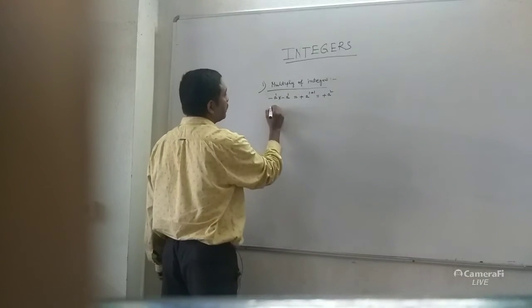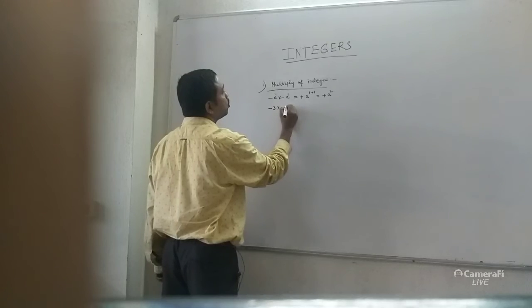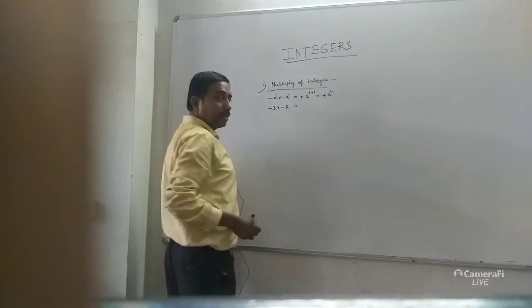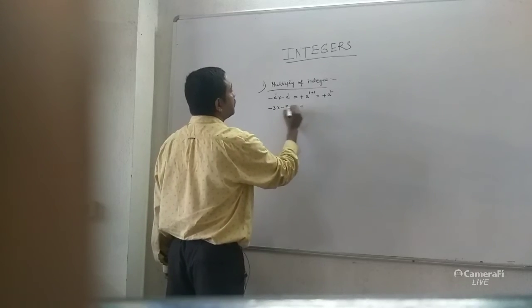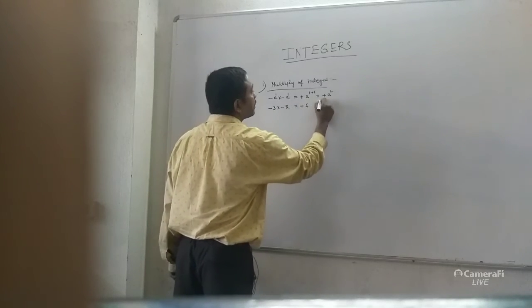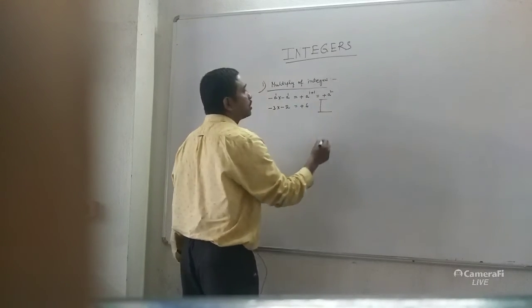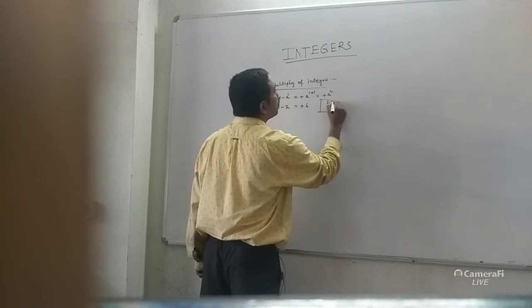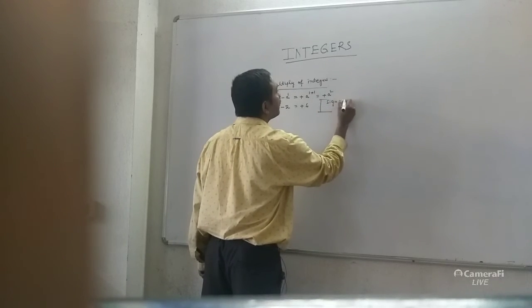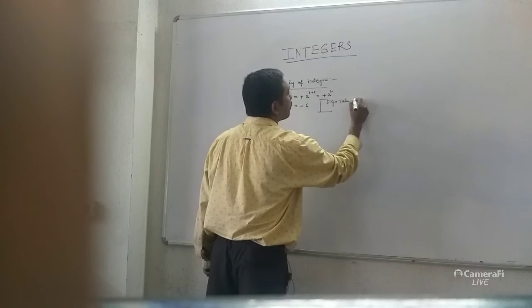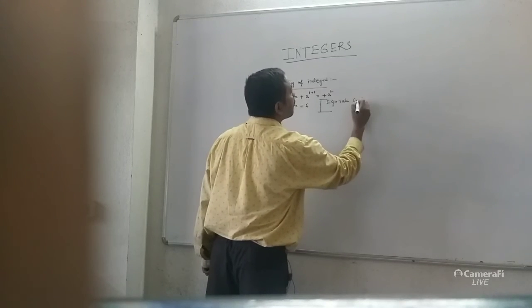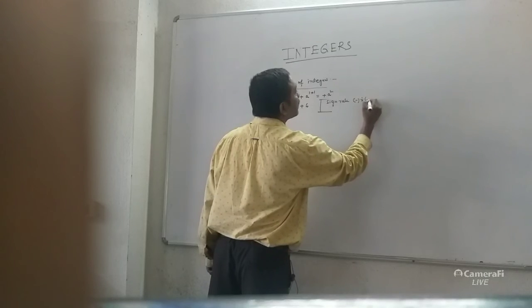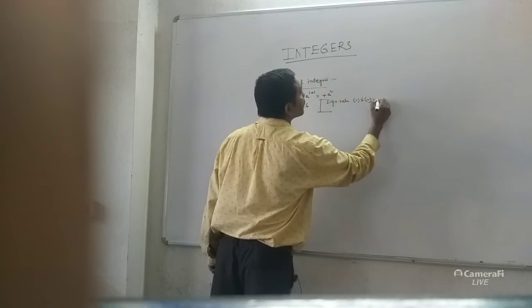Suppose minus 3 into minus 2. How do you multiply? So minus and minus, minus minus a plus comes. 3 twos are 6. So what rules are applied here? Two rules applied. Sign rule. What is the sign rule applied here? The sign rule is whenever a minus sign is multiplied with a minus sign, it gives a plus sign.